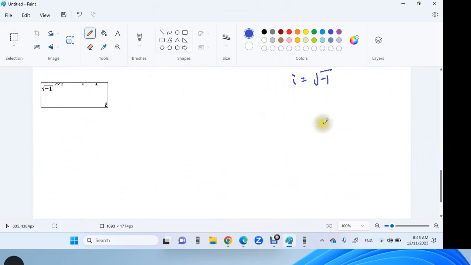So later, when you go to college or university, if you continue taking mathematics, when you go to complex numbers, you will find that the square root of negative 1 is i, then i squared equals negative 1. Then i cubed is actually i squared multiplied with i, which is negative i.